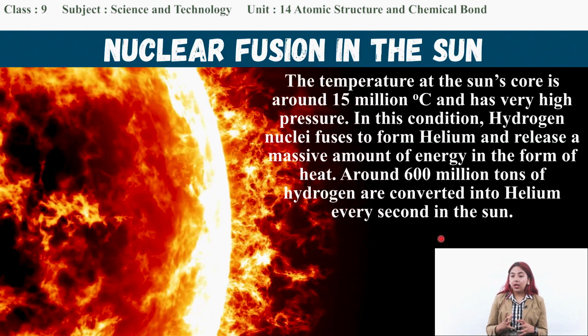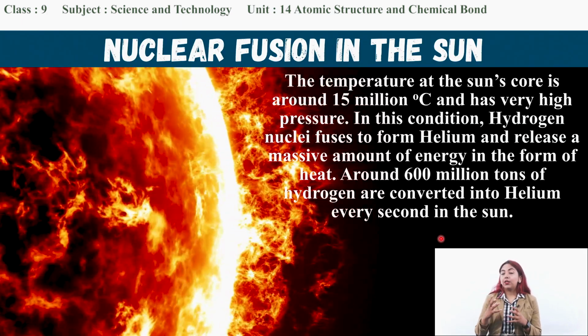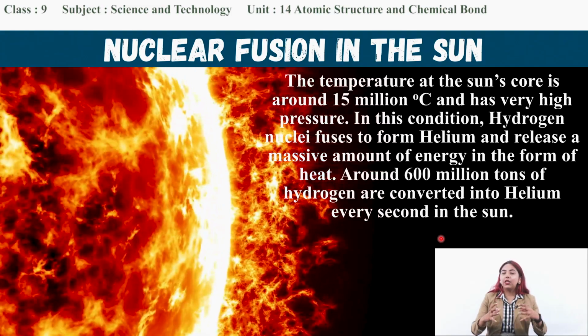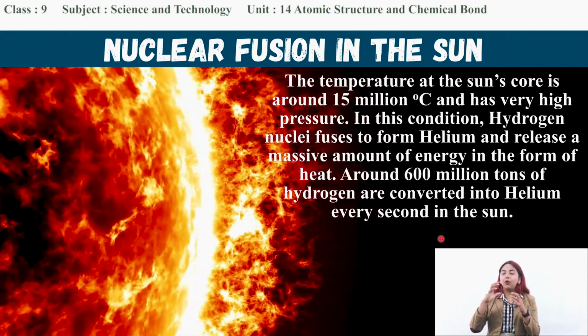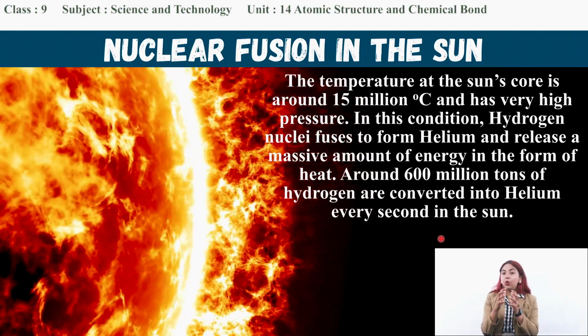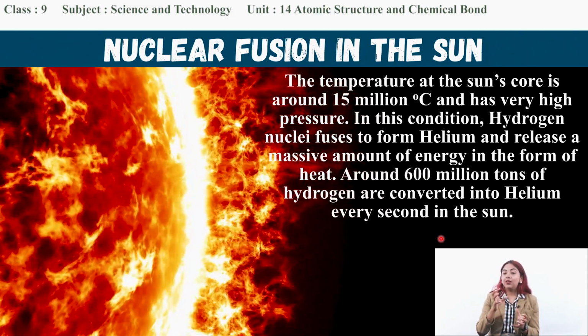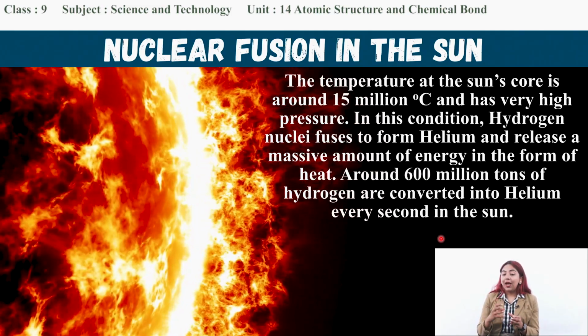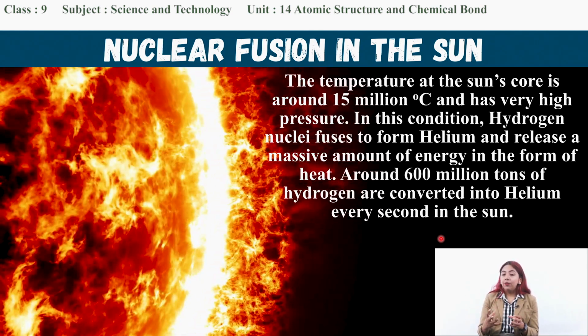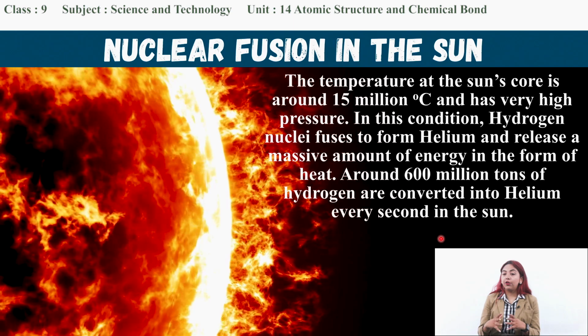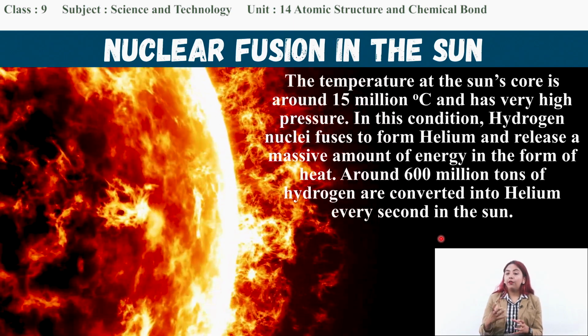In the sun, the temperature of the sun's core is around 15 million degrees centigrade, and the pressure is also very high at the core of the sun. In this condition, hydrogen nuclei fuse to form helium with the release of a massive amount of energy in the form of heat.